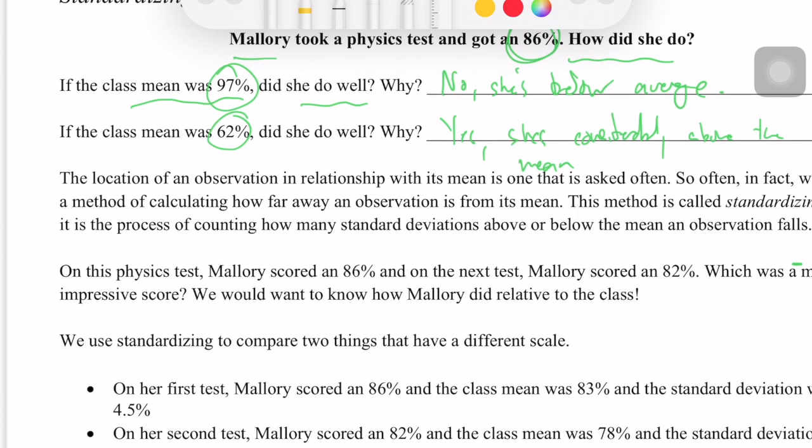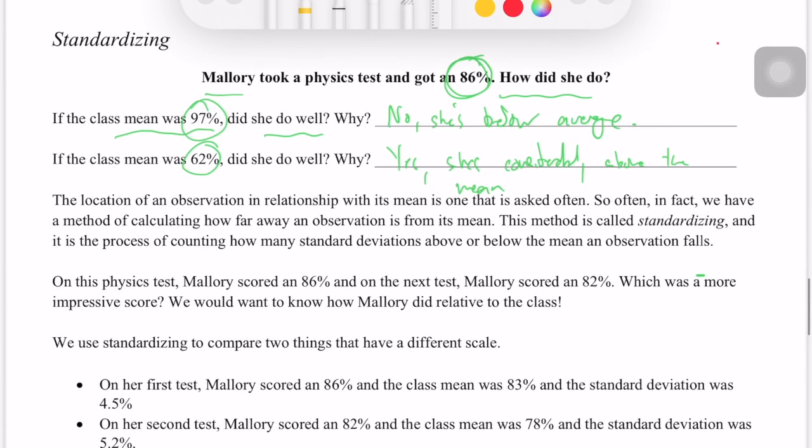The location of an observation in relationship with its mean is one that is often asked. So often, in fact, we have a method of calculating how far away an observation is from its mean. This method is called standardizing. And it is the process of counting how many standard deviations above or below the mean an observation falls. And that's really all it is.